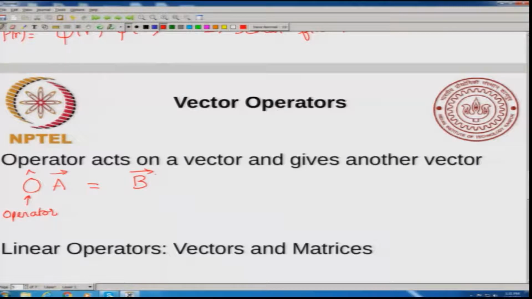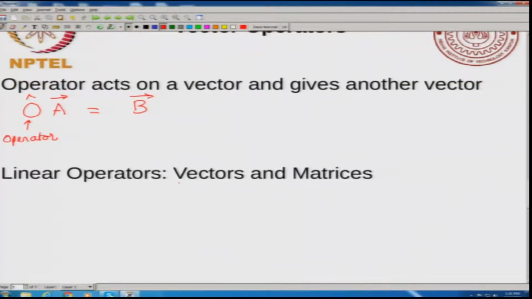But there are certain kinds of operators that we will be really interested in, and these are called linear operators. Let us take some examples of operators, and let us work in 3D. In 3-dimensional space, I can define an operator as: add a constant vector C0.